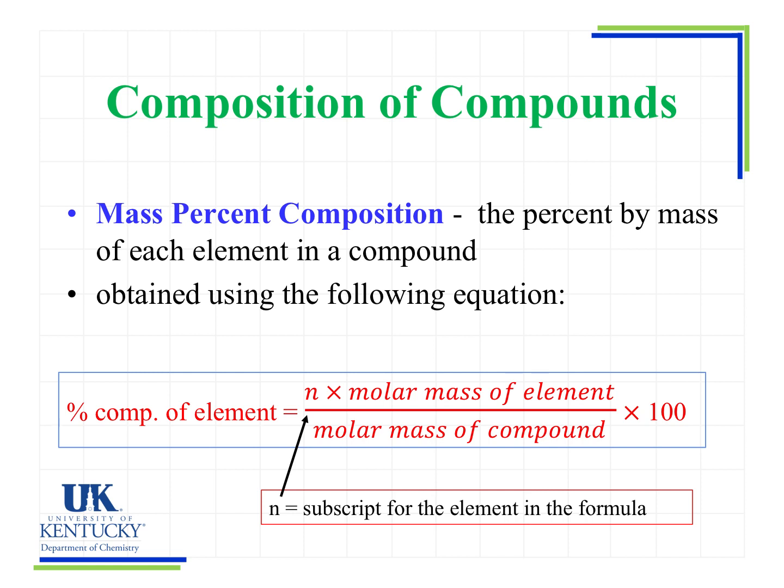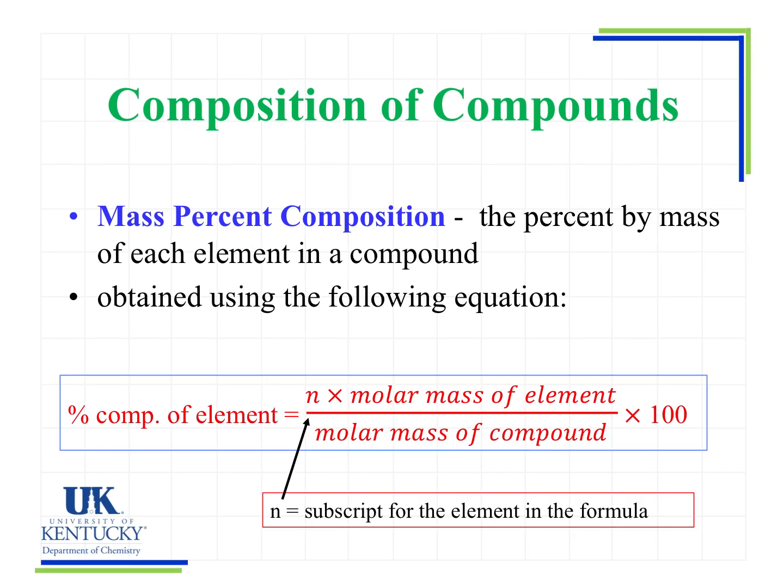If you want a number percent composition, for example, if you have H2O, we have two hydrogen and one oxygen. If it was percentage by number, we had 66.6% hydrogen and 33.3% oxygen by number.